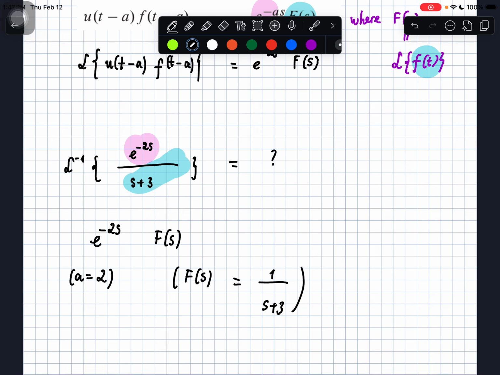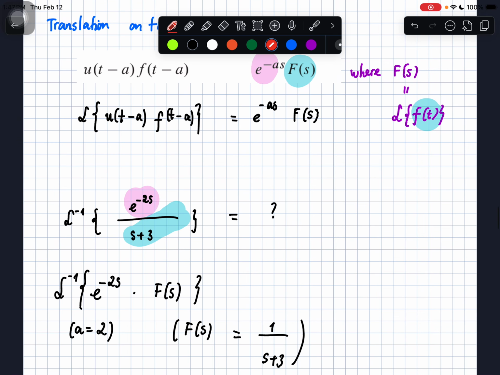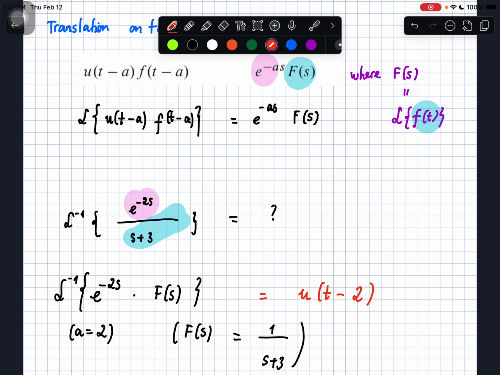The theorem says the inverse Laplace transform is equal to u(t minus a) f(t minus a). In our case, a equals 2, so it is u(t minus 2) f(t minus 2).